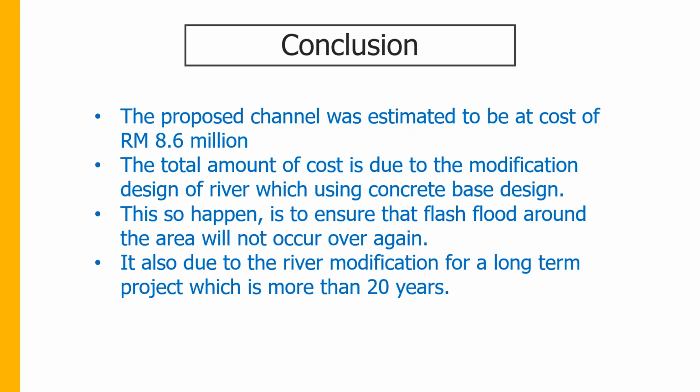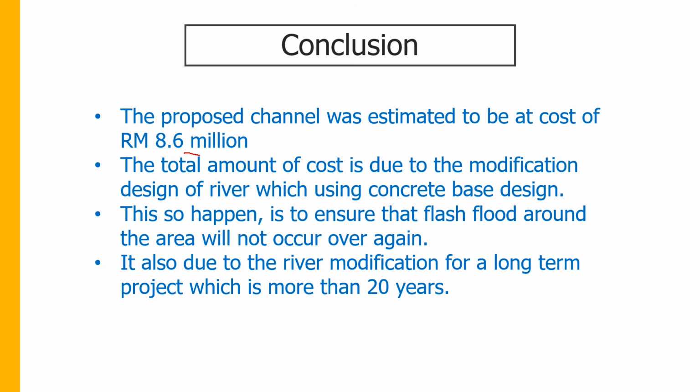So I'll come to the conclusion of our project. The proposed channel was estimated to cost, like I said just now, 8.6 million, and the total cost is due to modification of the design of the river using the concrete design base.